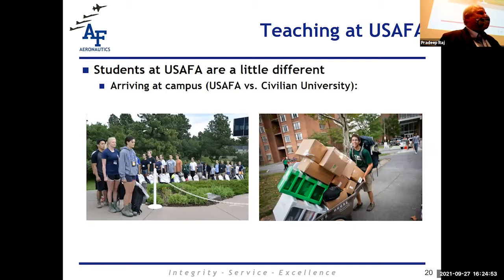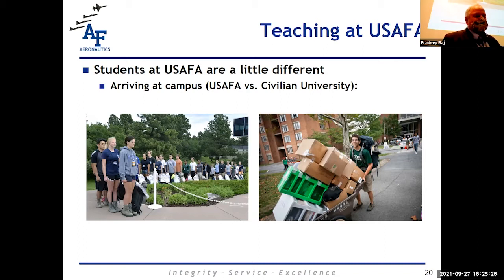Snapshots of how things might be a little different at the academy than they are at what we call civilian universities. I know when I first went to the academy, I didn't like that phrase, but that's what we say, civilian universities. So arriving on campus, on the left, that's kids who are about 2 to 3 weeks past graduating high school, having to show up at the academy by the end of June because they have to go through basic training for the summer, get yelled at and marched.